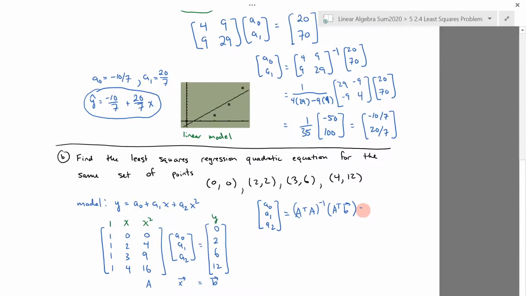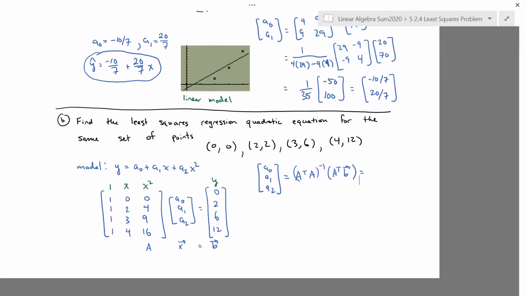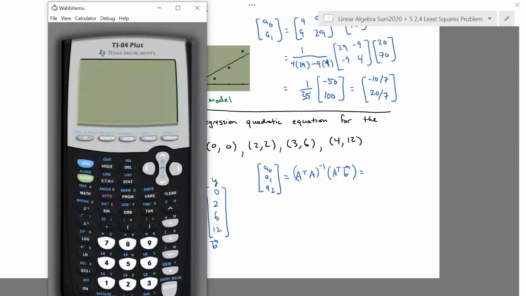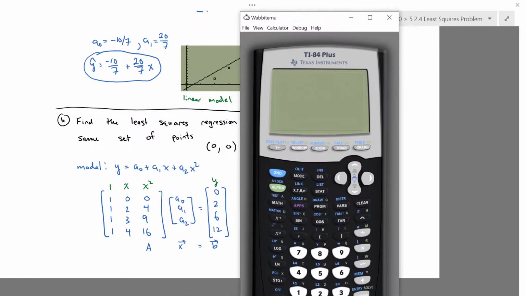That's the matrix calculation. So to save time, let's just calculate everything on the calculator. What do I have?